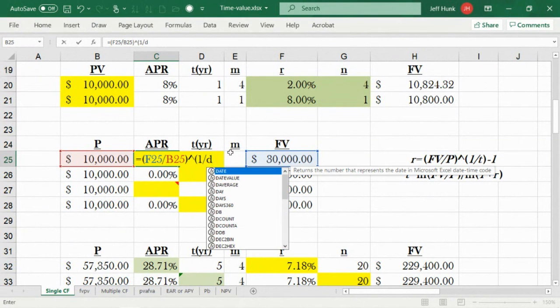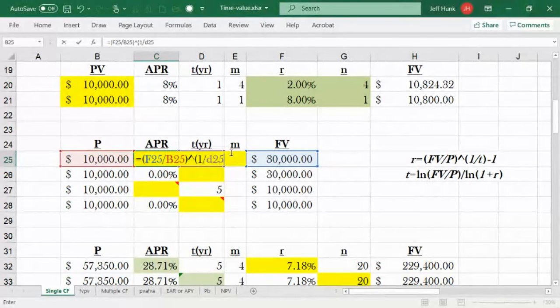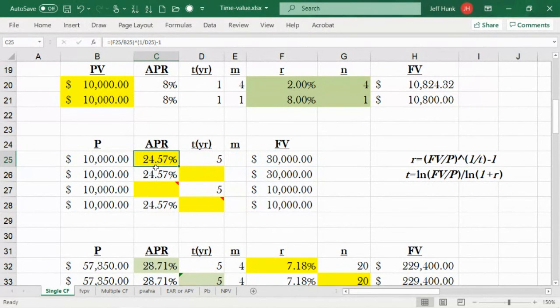I will have to manually enter D25, because the formula is hanging over that cell. So you enter. Now we got that.